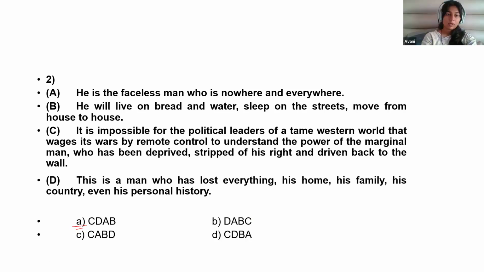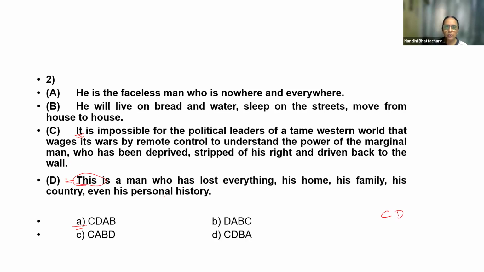Ma'am, A and B cannot be the introductory sentences. And D refers to "this is a man", so this should be referring to something said before. So we're left with C. Here it begins with "it", but that is not a pronoun. Yeah. So C comes first, and C and D come together then.